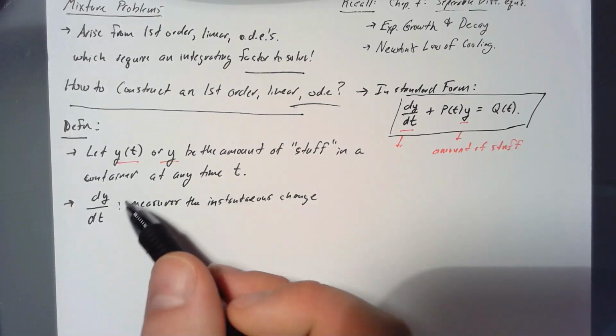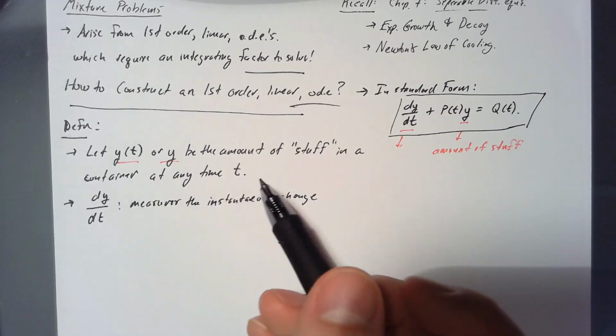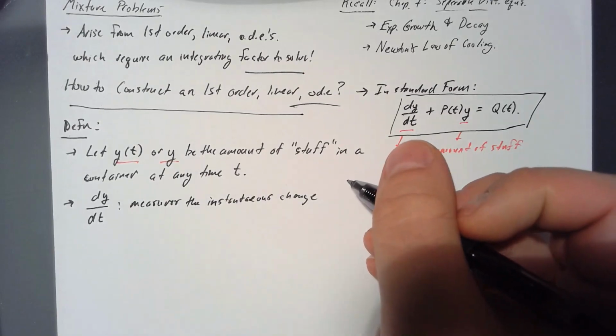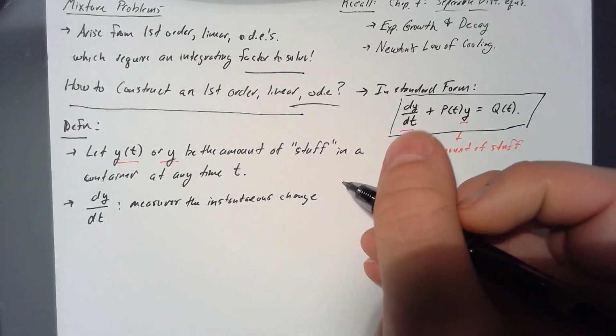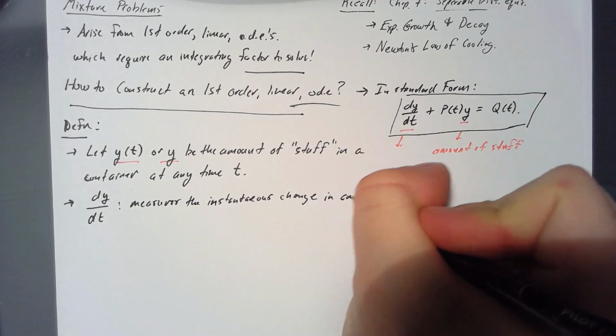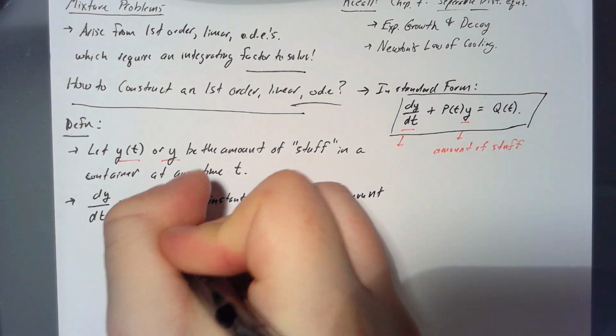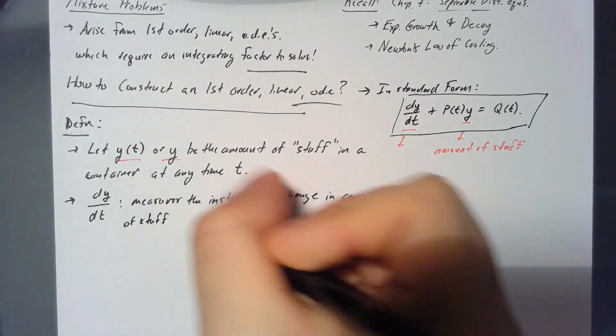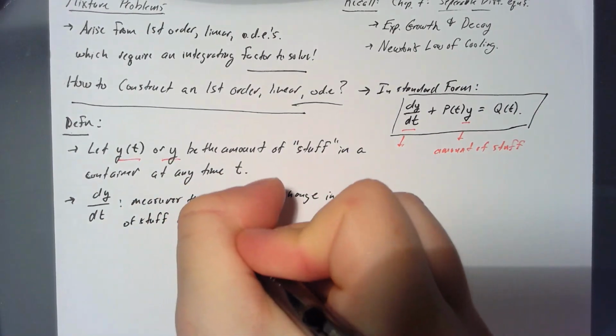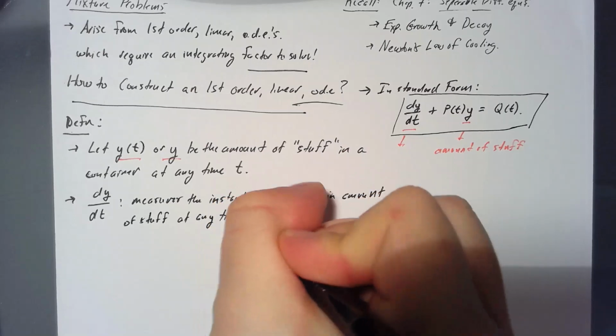The instantaneous rate. You learn that in Calc 1. Derivative is the instantaneous rate of change. That measures the instantaneous change in amount of stuff at any time t. Right?